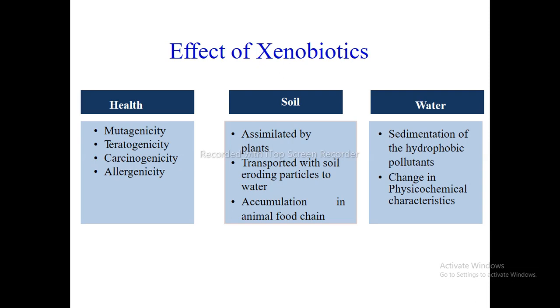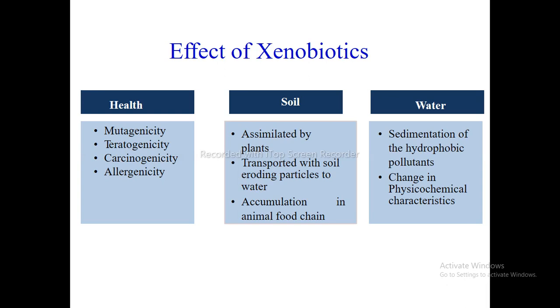Now, what are the effects of xenobiotics? Xenobiotics affect health, soil, and water. They can be mutagenic, teratogenic, carcinogenic, or allergenic, right? So they do make an impact on health, and the soil parameters can also be altered. These xenobiotics can be assimilated by plants, and they can then make their way to the food web, right?